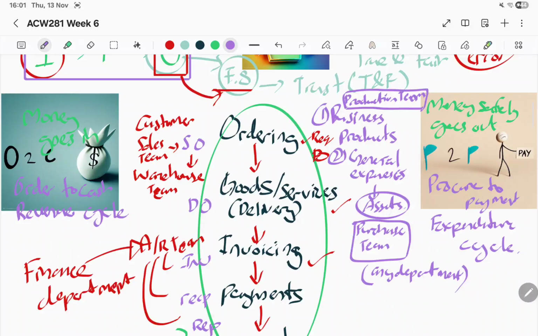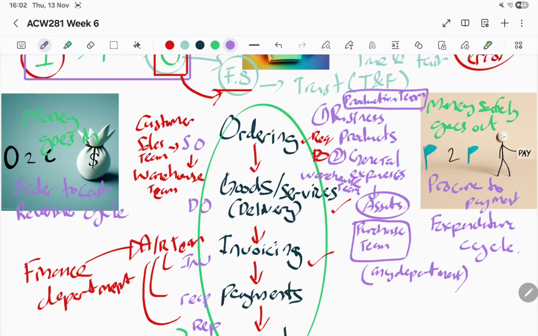Then after sending to the supplier, what they do is they will send the goods to you, right? Once you send the purchase order to the supplier, the supplier will send the goods to you, and once you receive the goods, your system over here, same with the warehouse team, all right?